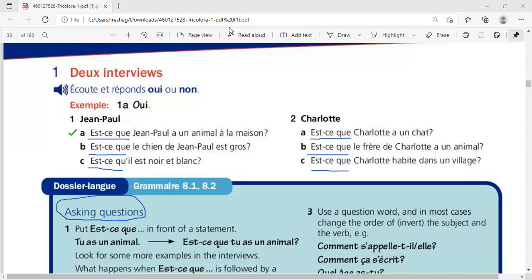Teacher, is it only the first question? Yes. Excuse me, teacher, do we have to write the first question too? No, only the first question.